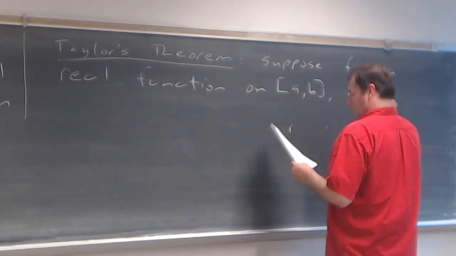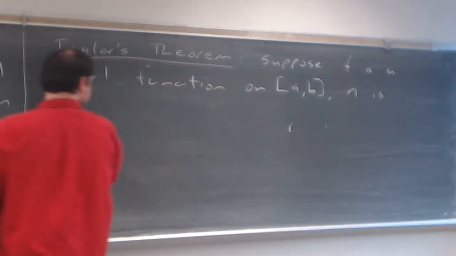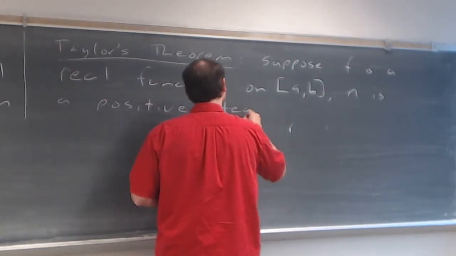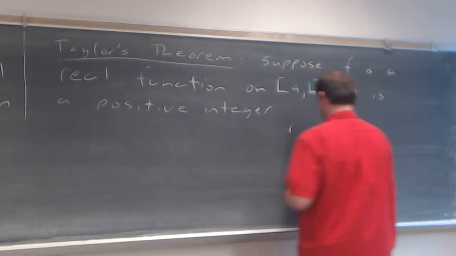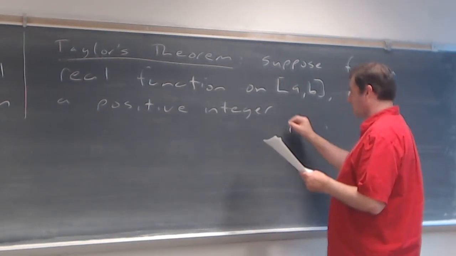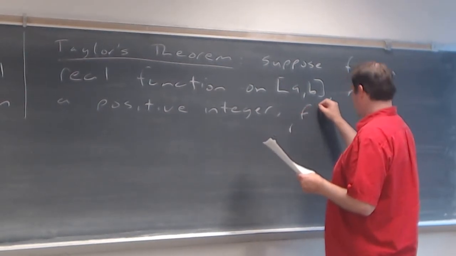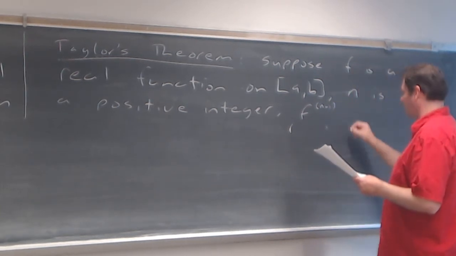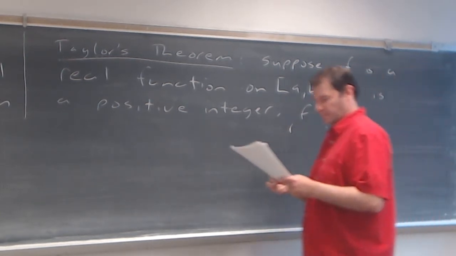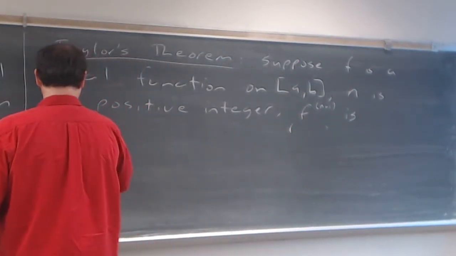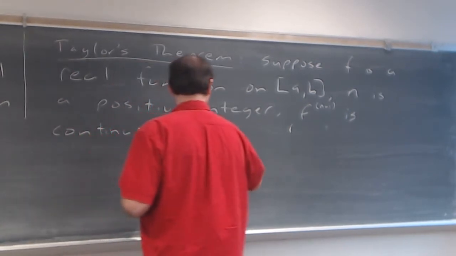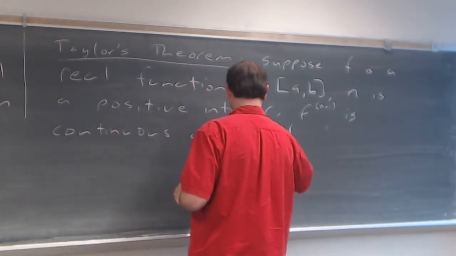N is a positive integer. F raised to the n minus 1, that means the n minus 1 derivative of f, is continuous on the closed interval from a to b.